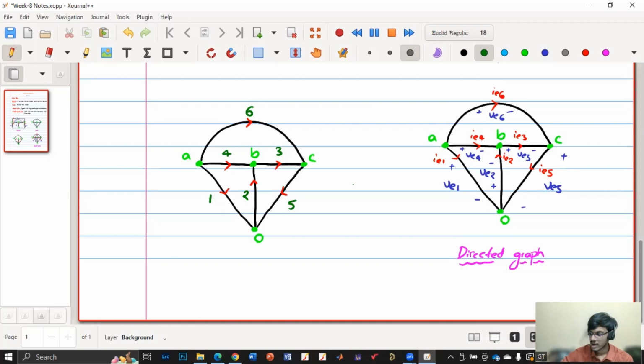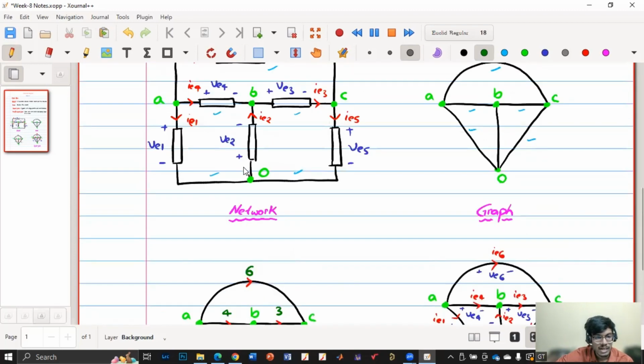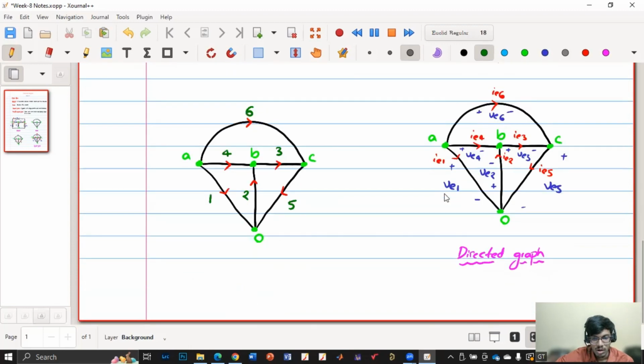So we have considered the graph and shown the current directions, and we have named each branch as a number. Now I know in branch one, the current is flowing in this direction. So by default, I know the current is IE1, the voltage polarity is A positive, O negative, and the voltage is VE1.